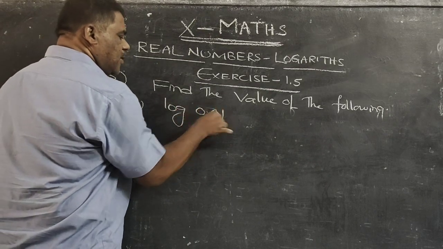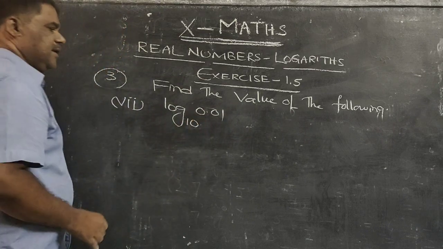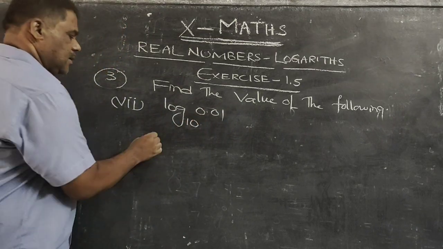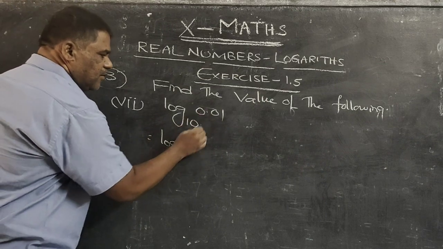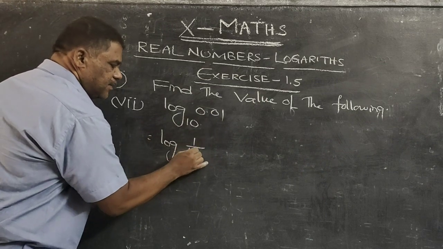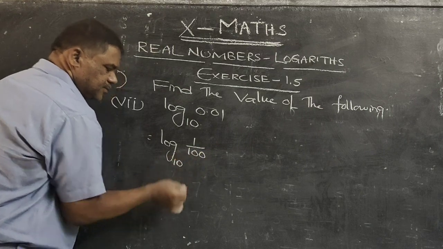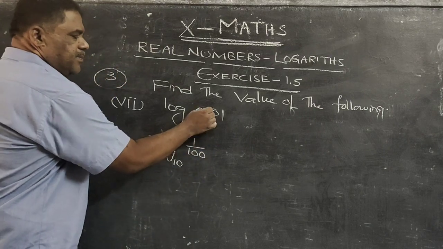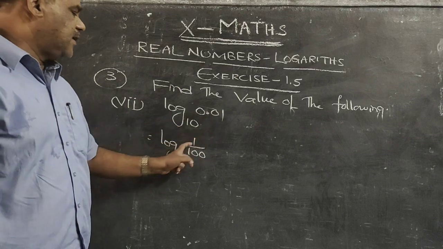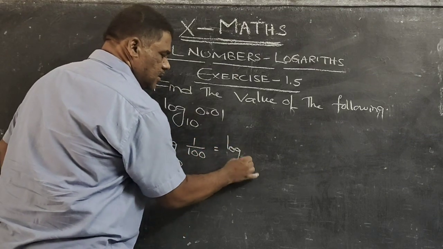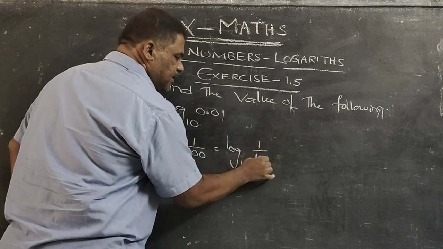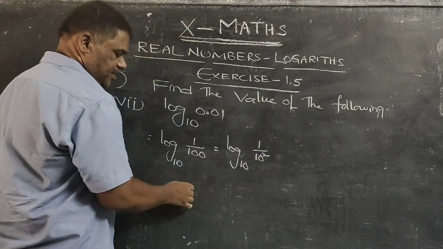Logarithm of 0.01 base 10. This 0.01, if you remove the decimal, is 1 by 100. 1 by 100 is nothing but 1 by 10 square.